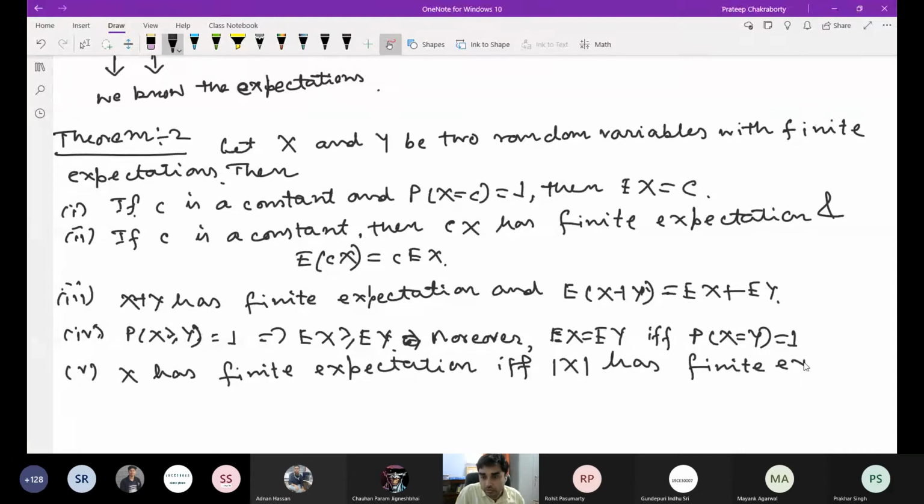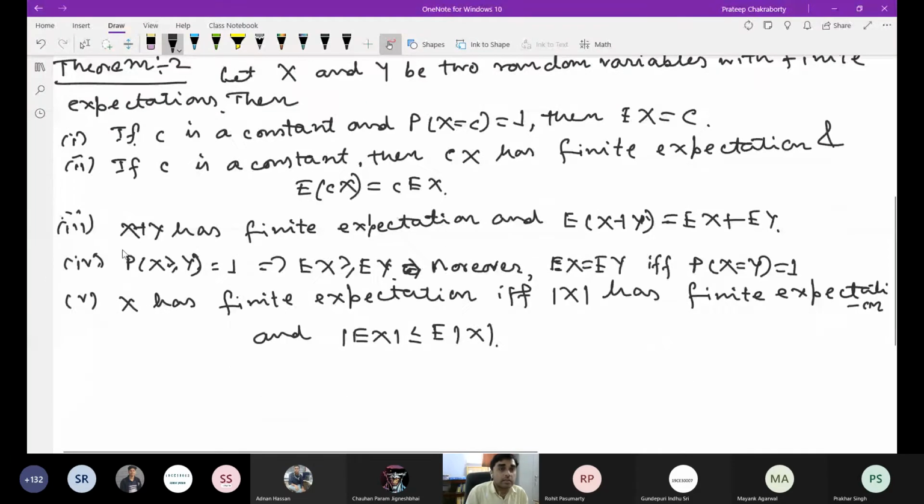And mod of Ex is less equal to E mod X. These results we saw in the last class and proved. These three we will now prove, and after that we will prove 4.